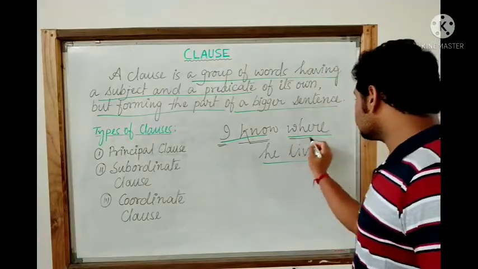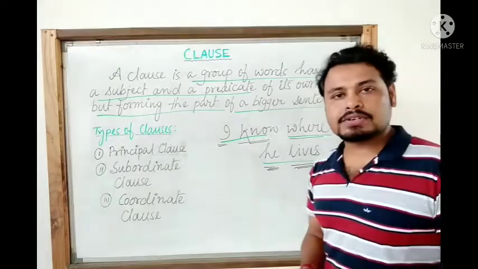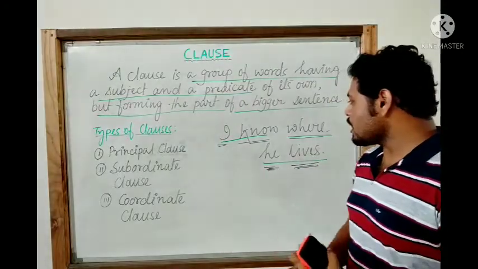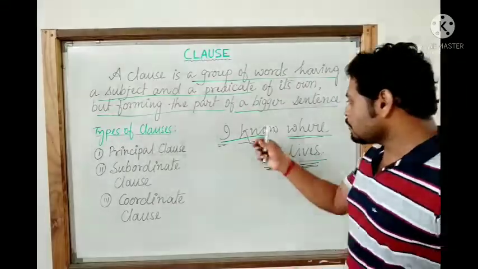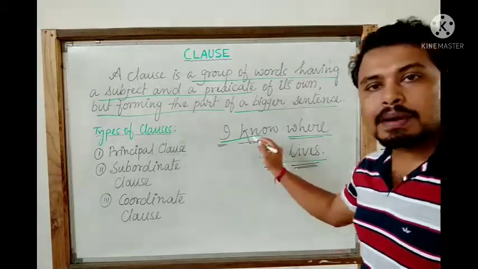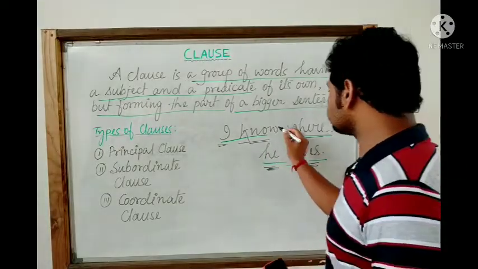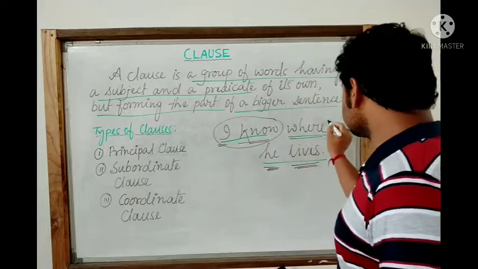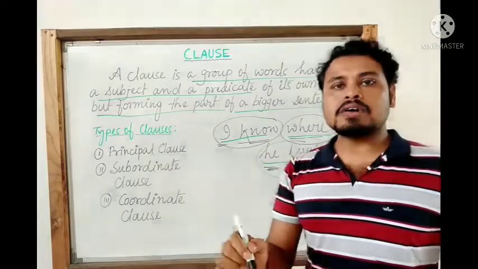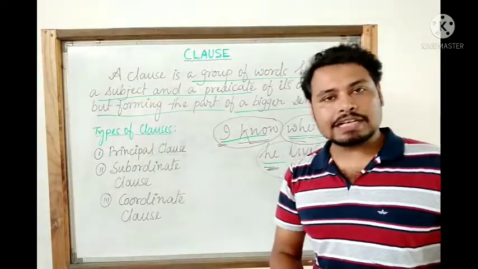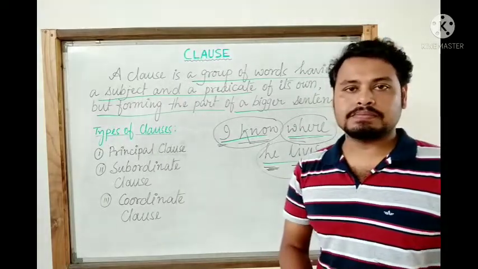Again, "where he lives", we also have the subject and the predicate. So both the parts have subject and predicate of their own, but both the parts are forming the bigger sentence. That means this part and this part, they are the part of the bigger sentence. And that's why they are clauses, not sentences.